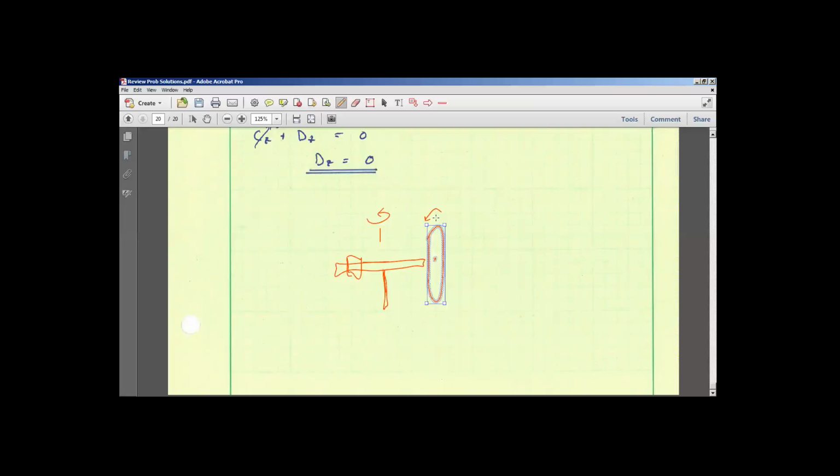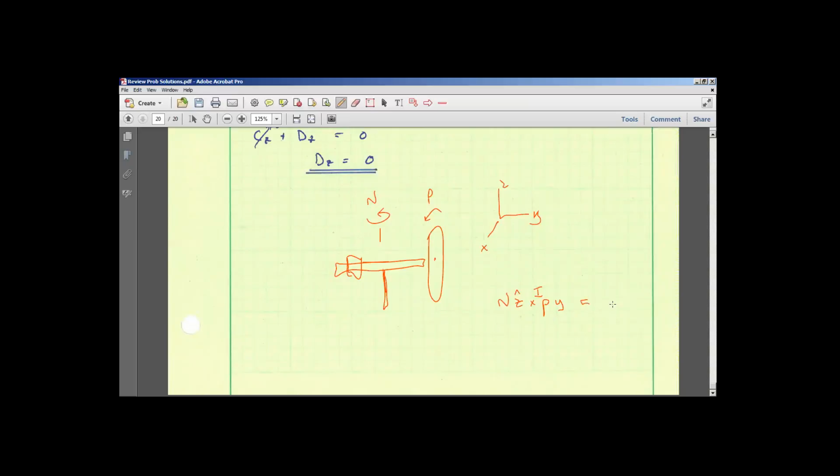Let's say X is coming out, Y is there, and Z is there, and let's call the spin N and the precession P. N would be in the Z direction, and if you cross that, P was about the Y. You're going to multiply that, and you had the I in there, which you got from the radius of gyration.